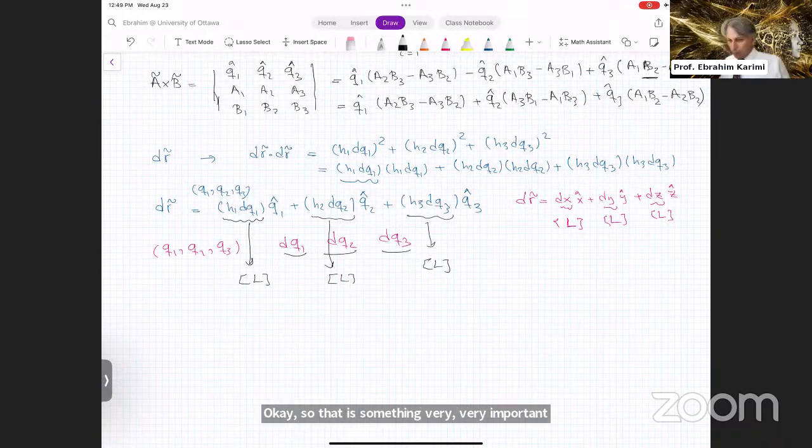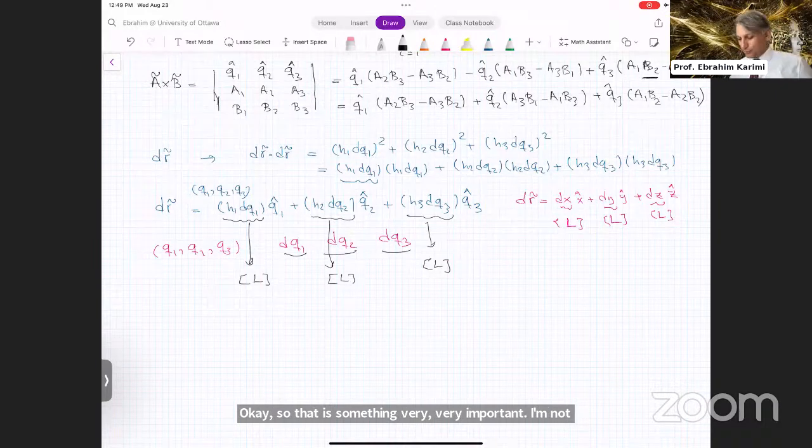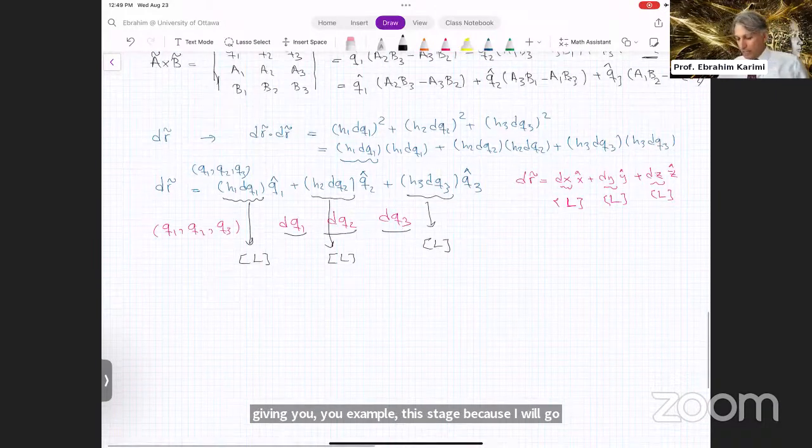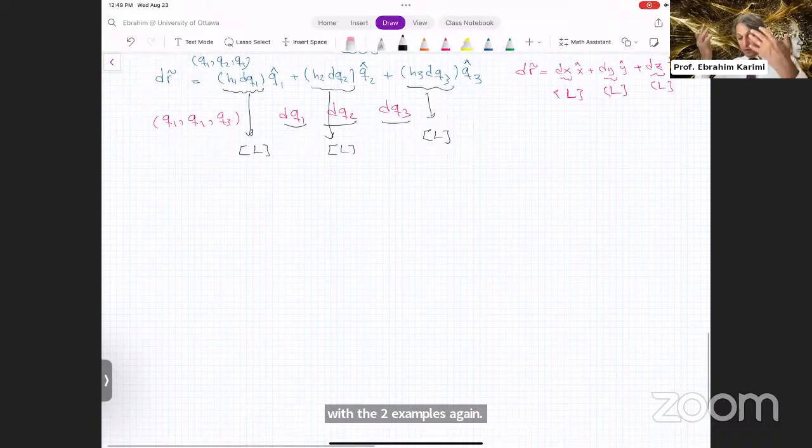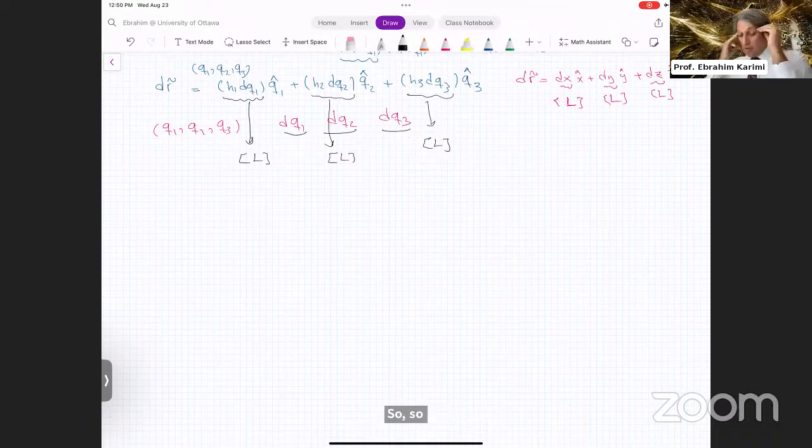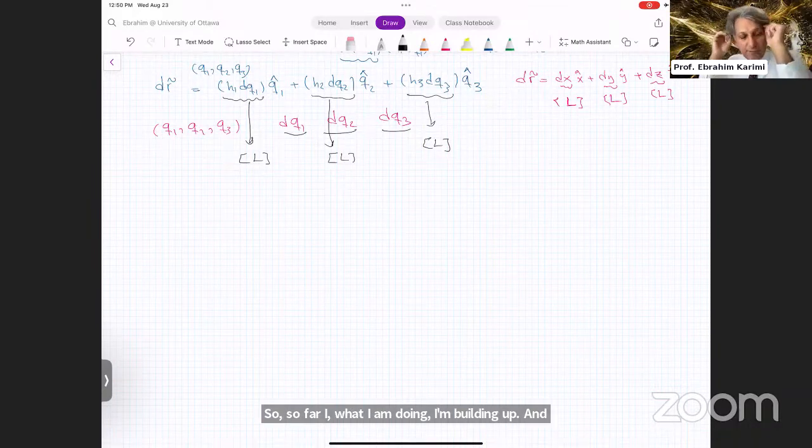I'm not giving you an example at this stage, because I will go with two examples at the end. So far what I'm doing, I'm building up the elements that I'm doing the calculus with, in any arbitrary orthogonal space, or curvilinear orthogonal space.